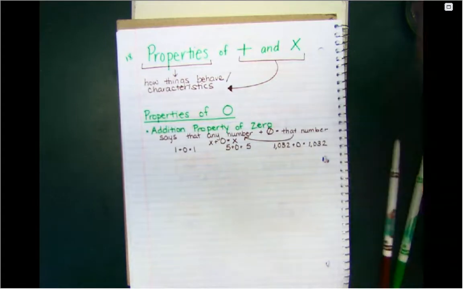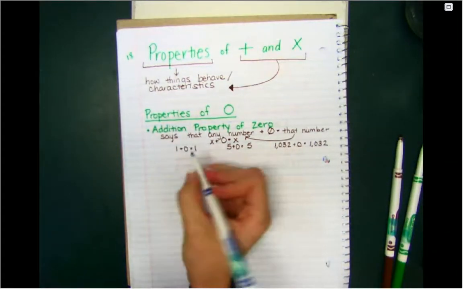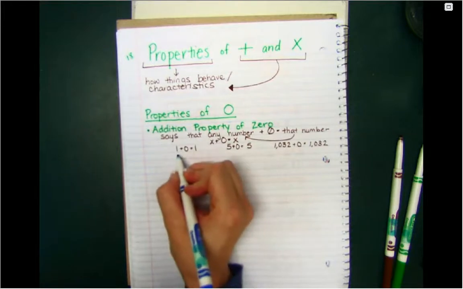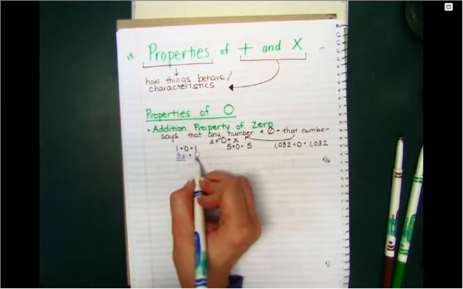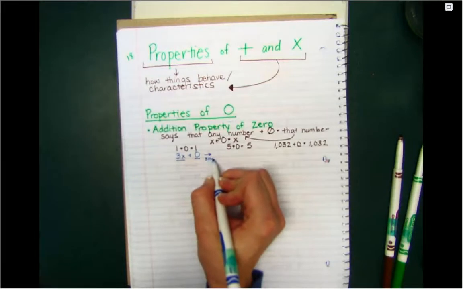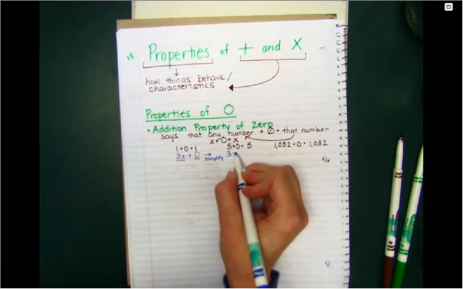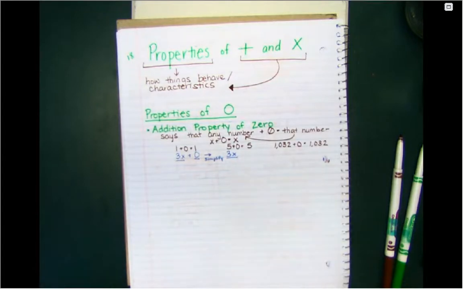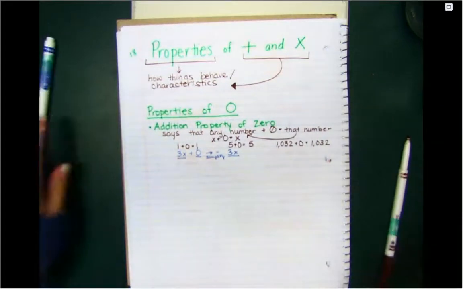So in terms of using this to simplify an expression, if we get the expression 3x plus 0, which right now has 2 terms, we can simplify that to just 3x, which has 1 term. All right, so there's the first property of 0.